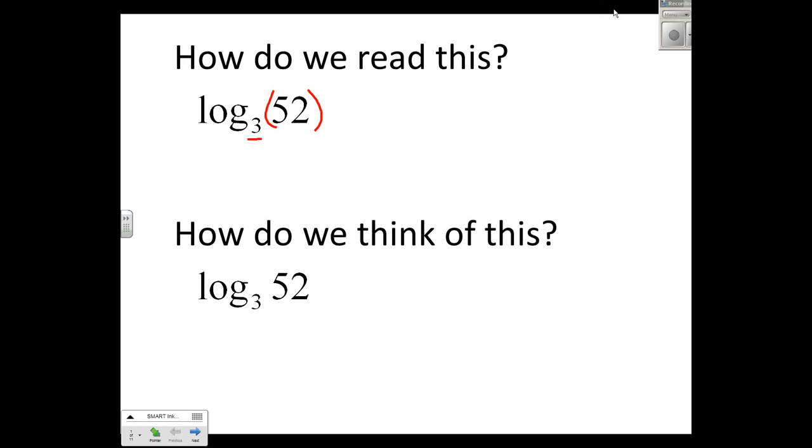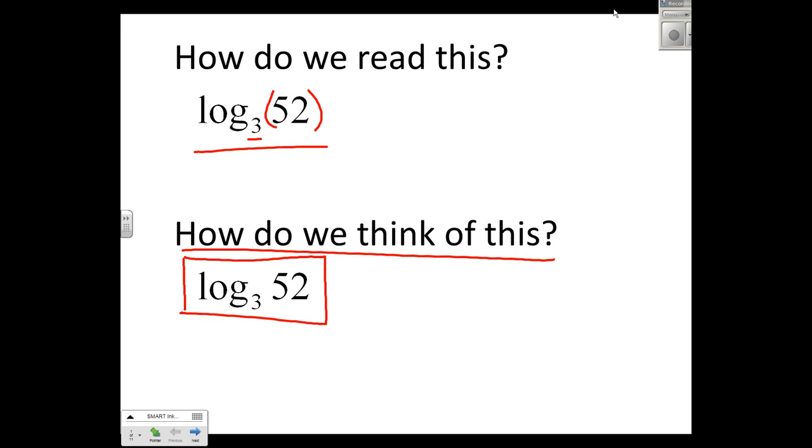So how do we read this? We would read this as log base 3 of 52, but I would think of it as the exponent that turns 3 into 52. In other words, this would get the job done if it was placed right here, the whole thing.